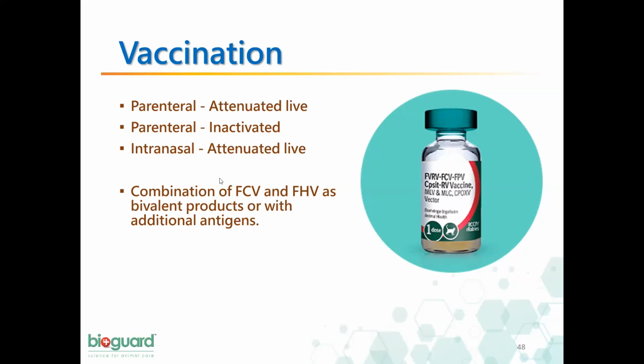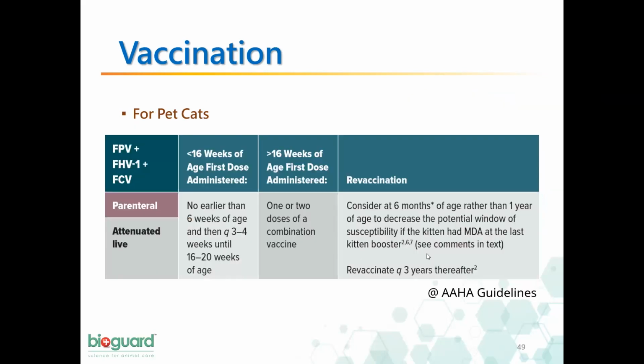All three kinds of vaccines are present in a combination as a bivalent product, such as a combination of FCV and FHV, or with additional antigens such as FeRV, FPV, etc. So these are some basic AAHA guidelines which are followed by veterinarians throughout the world. Here I can discuss a few of them.